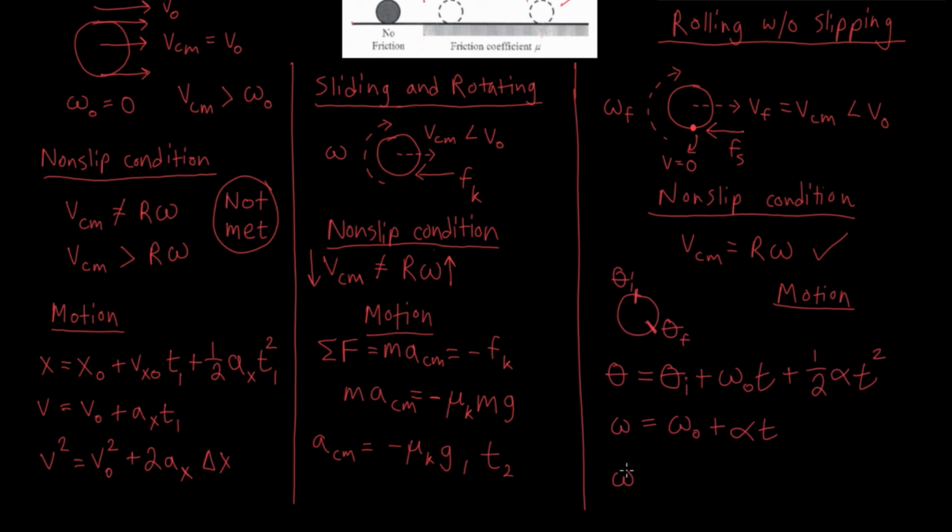And if we write an equivalent expression to the last kinematic equation right here, we get that the final angular velocity squared is equal to the initial angular velocity squared plus 2 times the angular acceleration times the angular displacement, or the change in the angle.